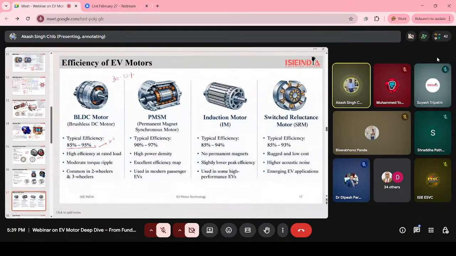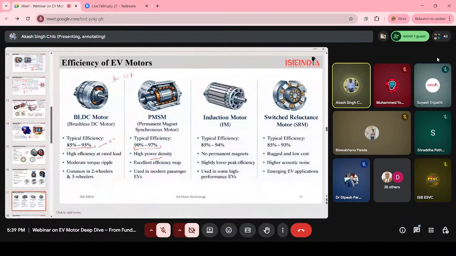BLDC provides about 85 to 95% efficiency. That's why we are using this in two-wheelers and three-wheelers. The permanent magnet synchronous motor has a typical efficiency of 90 to 97%. It has high power density and excellent efficiency, meaning there is less energy loss to the environment compared with the BLDC motor.